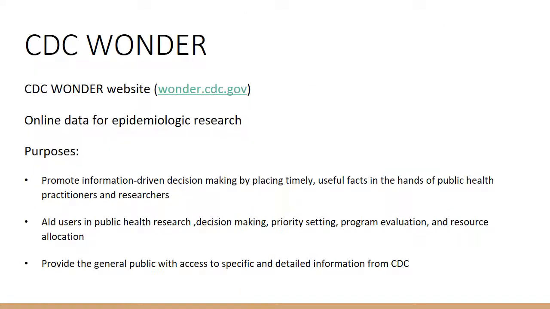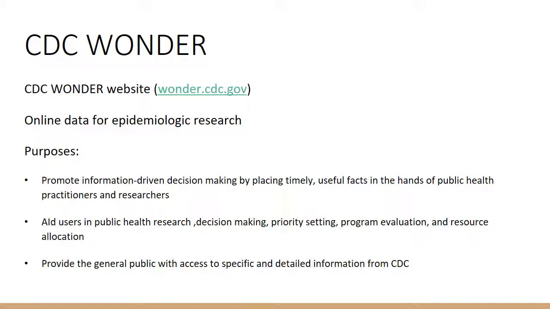CDC Wonder is the CDC's wide-ranging online data for epidemiologic research website, which is wonder.cdc.gov. And this is online data for research purposes. Some other purposes of this site include promoting informed decision making by using up-to-date facts for public health practitioners as well as researchers.